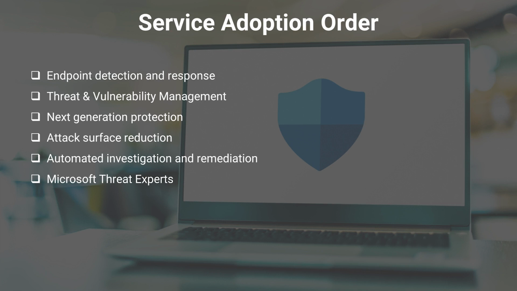Rank 4 is attack surface reduction, with its various features to lower your environment's exposure space. Rank 5 is automatic investigation and remediation, so-called AIR, which will reduce the volume of alerts that you need to investigate manually. And on the last, 6th place of the Service Adoption Order, we have Microsoft Threat Experts.